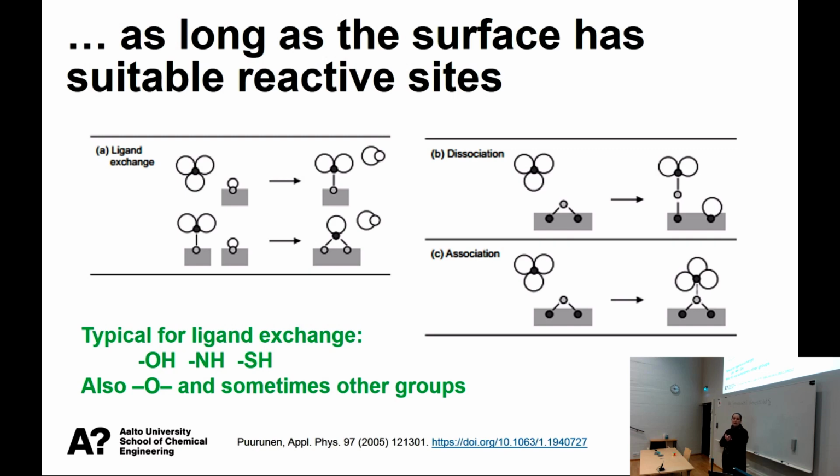But in the field of ALD, typically you would think that you have an OH group on the surface where then the molecule comes in and removes that hydrogen and makes a bond to the oxygen. You have the metal with some ligands, and then one ligand was removed. It combined with hydrogen and it goes off as gas. In the case of trimethyl aluminium, that would be methane.